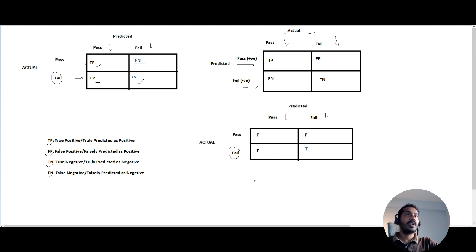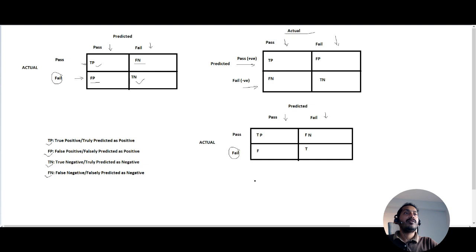So here it shows prediction as a pass, so we will write it as a true positive. The second one, here it shows false, and predicted as a negative, so we'll write it as a false negative.